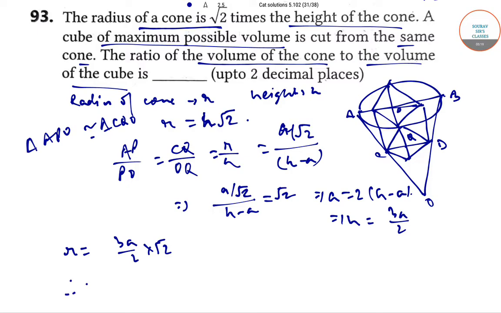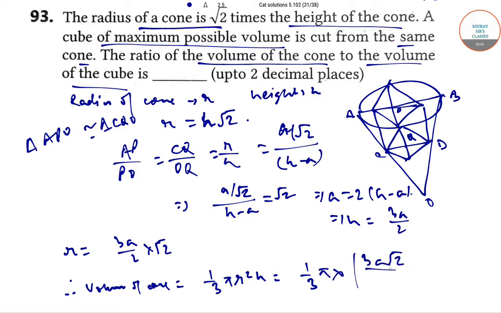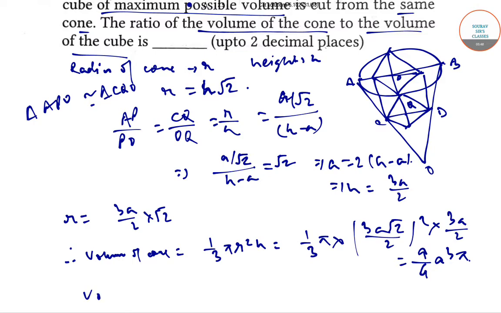Therefore, volume of cone is equal to 1/3 pi R squared H, that is 1/3 pi into 3A root 2 by 2 squared into 3A by 2, that is 9 by 4 A cube pi, and volume of cube is equal to A cube.